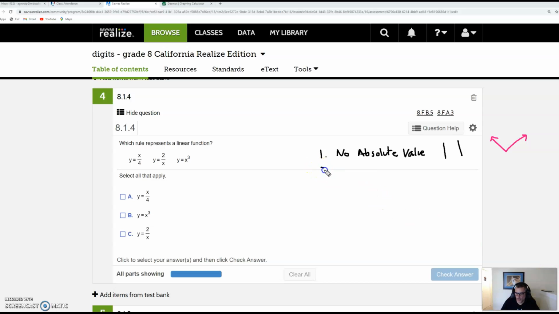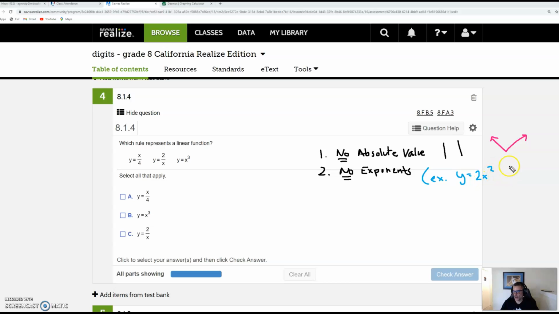The second thing we were looking for is, remember the keyword here is no exponents. Exponents are what make graphs curve, right? An example would be like y is equal to 2x squared. Here, there's an exponent on our variable.